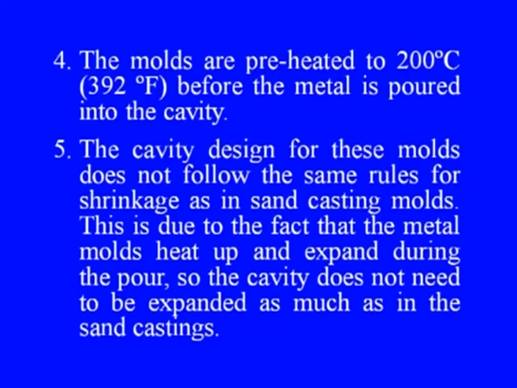The cavity surfaces are coated with a thin layer of heat resistant material such as clay or sodium silicate. The molds are usually preheated to around 200 degrees Celsius before the metal is poured into the cavity.